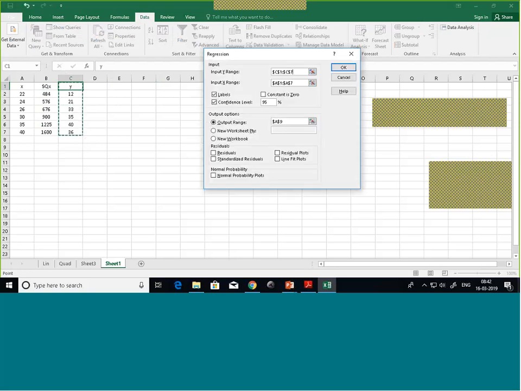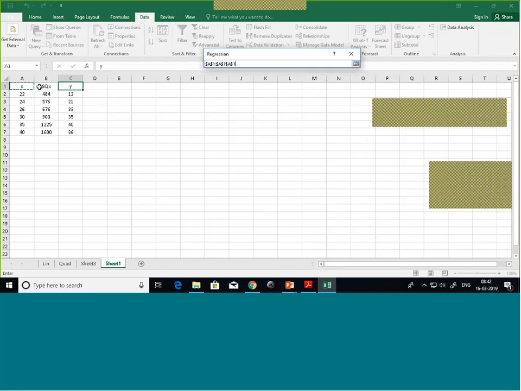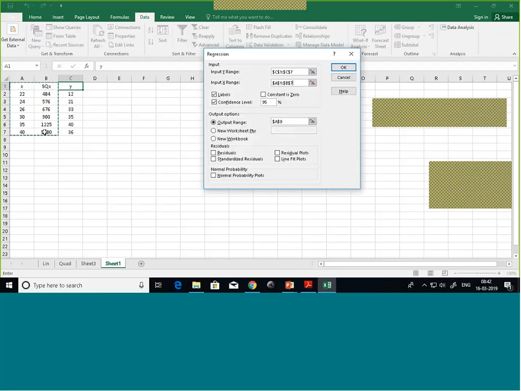For X range, we have to select both columns together, both A and B. Then we have to check labels because we selected labels also. Confidence level I am taking 95%, and output range I am taking at 9. So then let us run it.